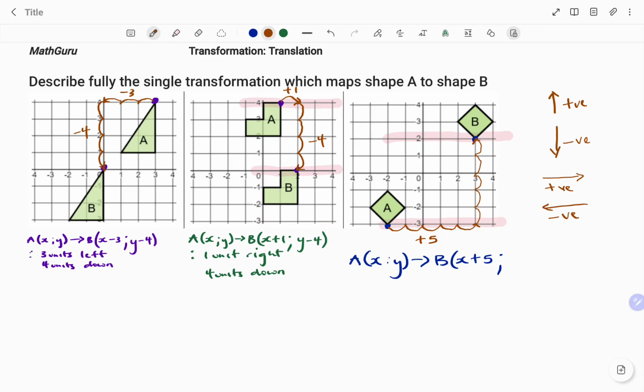I've moved 5 units, and because it's in the upward direction, that's positive 5. So if I write that, that will be y plus 5. And if I write that in words, what I've done is I've moved 5 units to the right and 5 units in the upward direction.